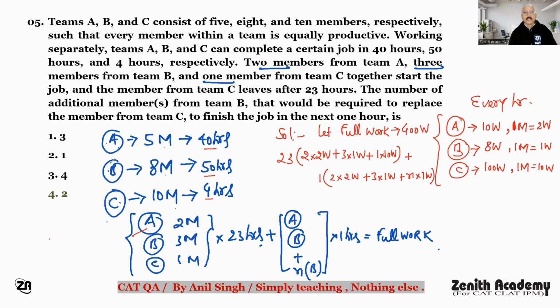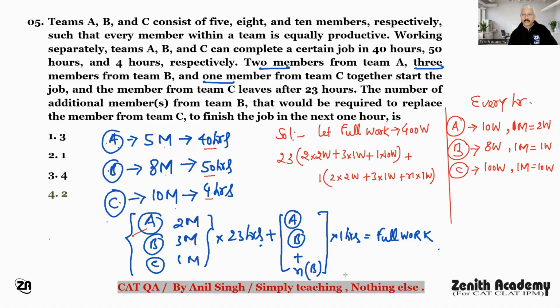This is okay, because we already calculated that from team B, 1 man does one work in 1 hour. So in 1 hour, it is given the number of additional members from team B that would be required to replace the member from team C to finish the job in the next 1 hour.